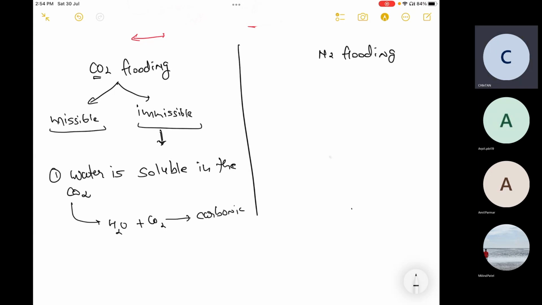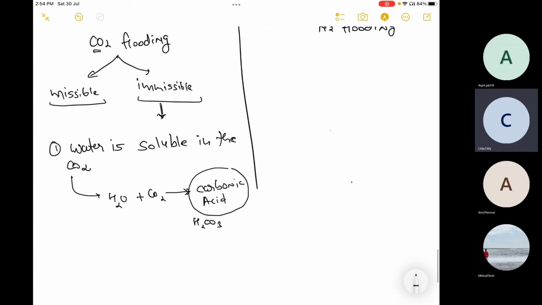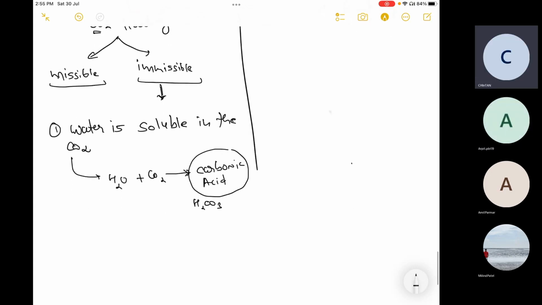Anyone remember the formula for carbonic acid? H2CO3. Yeah, but just leave it, not required. Once it forms carbonic acid, it increases the viscosity of water. Okay, mu W is going to increase.